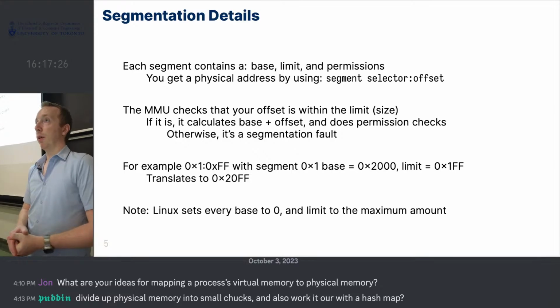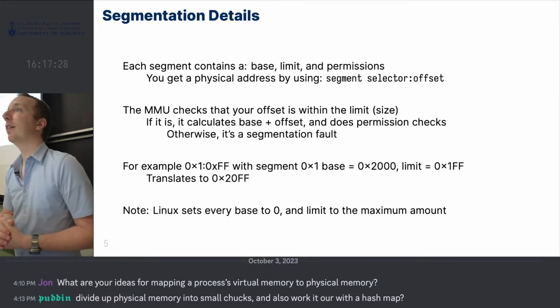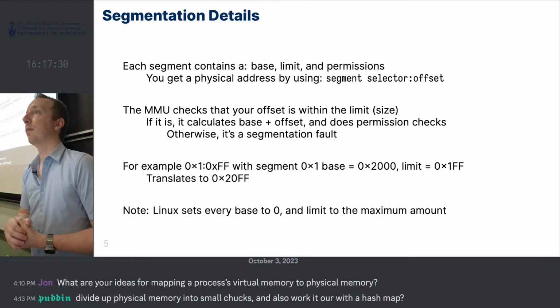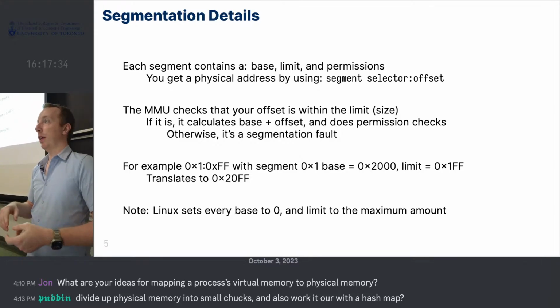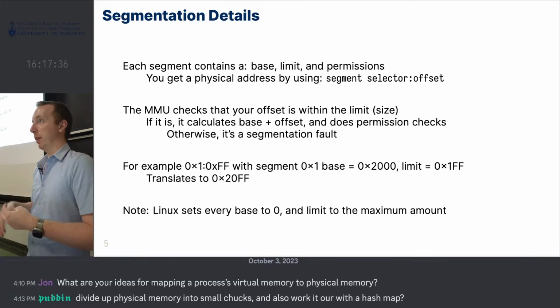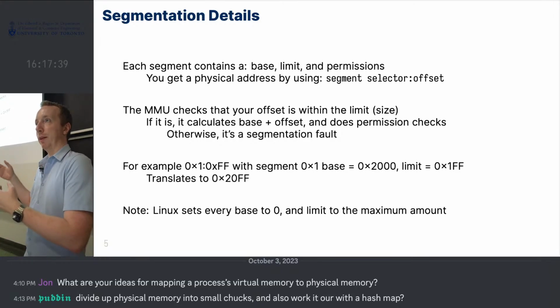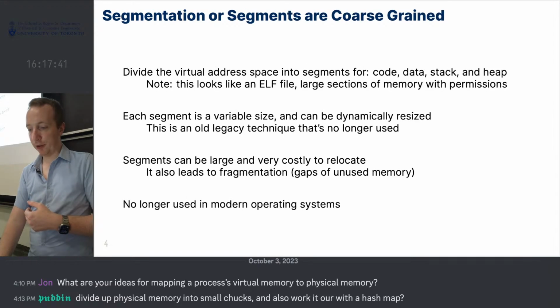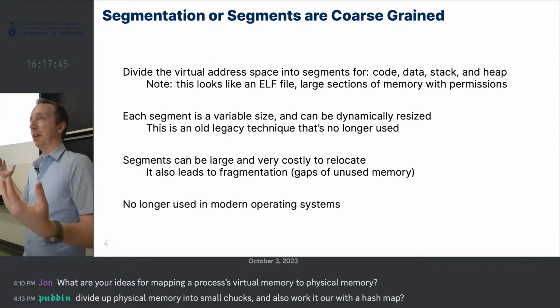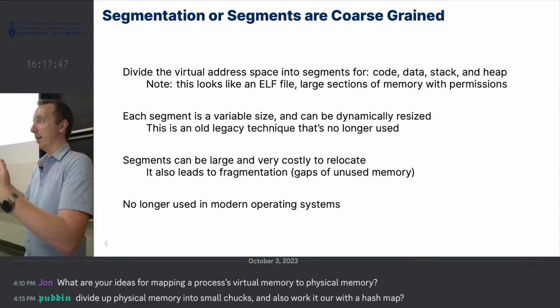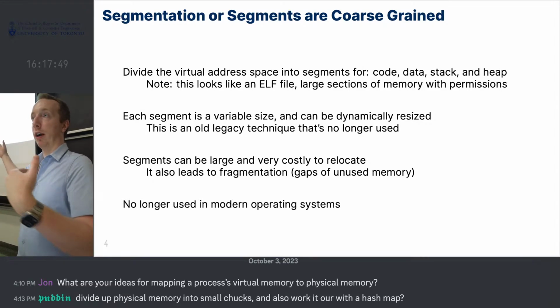So how it worked, oh, sorry, was there a question? I was just going to ask, coarse grain in this case being kind of super simple and not very fine? Yeah, coarse-grained is like, I can't really share anything that's not part of a segment. So if I wanted to share code between two processes and fake a mapping or something like that, I couldn't do it in this case because I can only map one big block at a time.